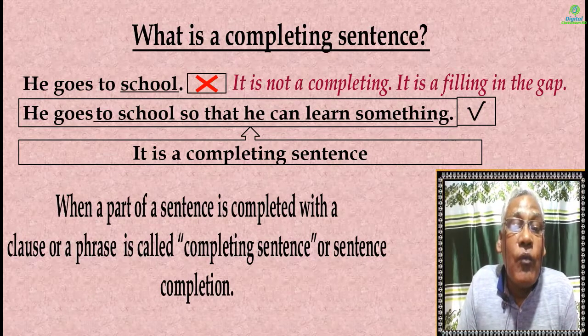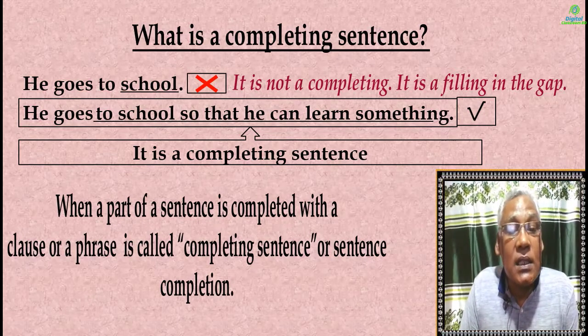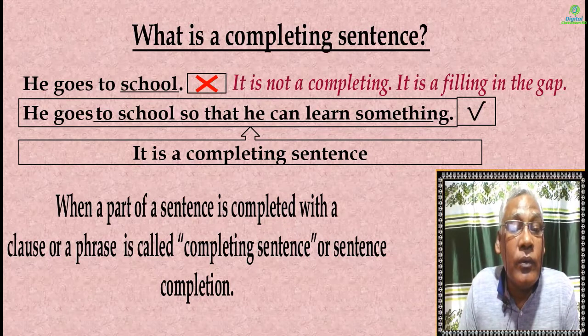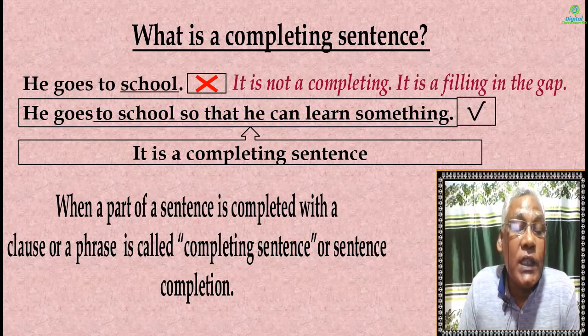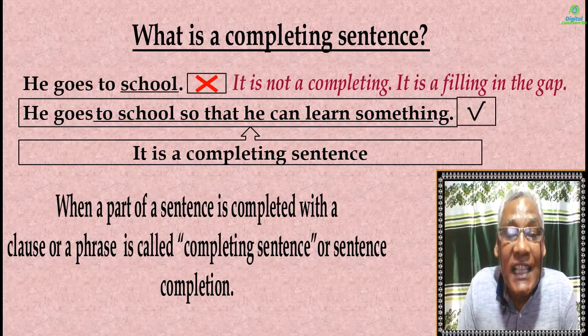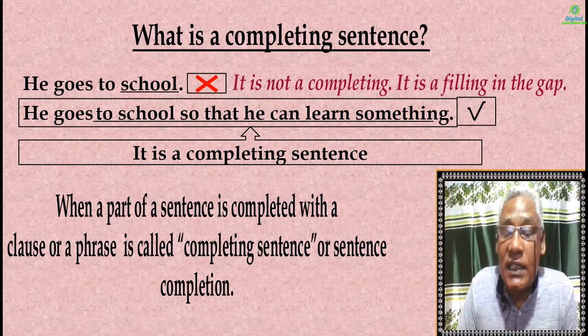So when a part of a sentence is completed with a clause or a phrase, it is called completing sentence or sentence completion. Is it clear to you?